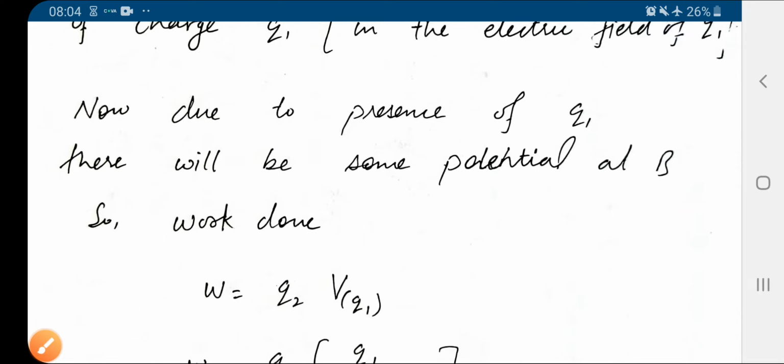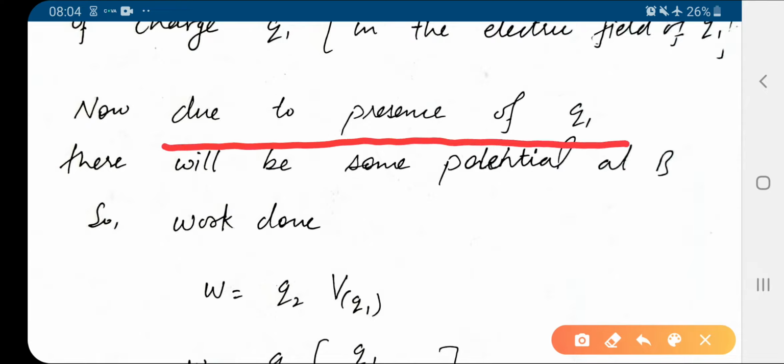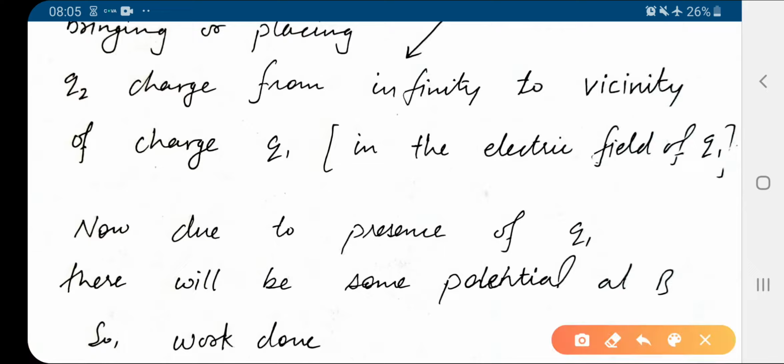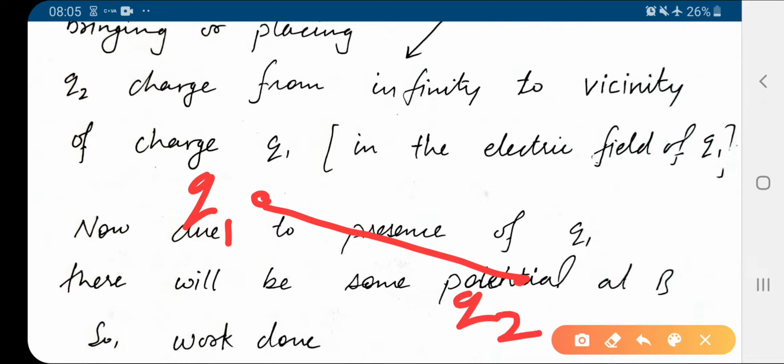Now as you know, before placing Q2, Q1 is already present there. Due to the presence of Q1 before placing Q2, there will be some potential at point B because of Q1. Suppose here is charge q1 and we want to place our new charge q2 here from infinity.